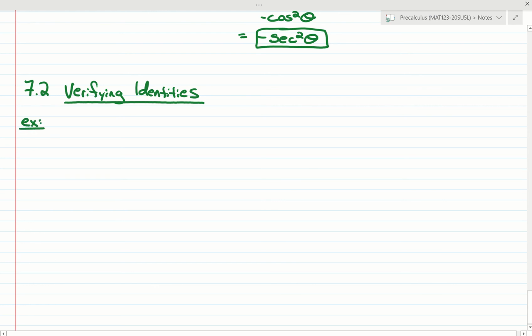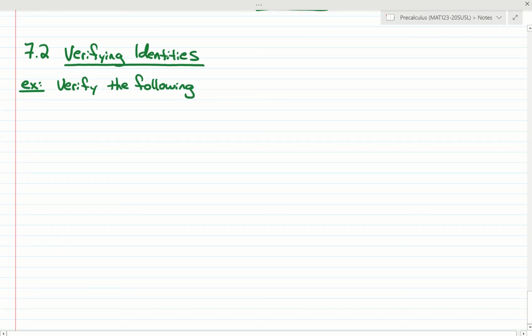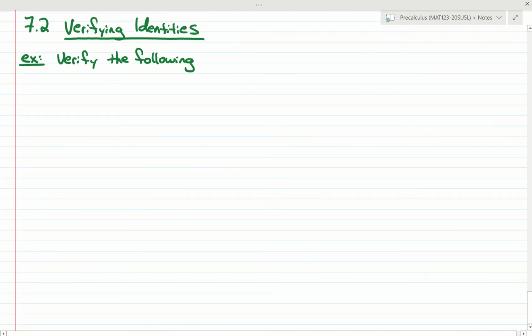The directions for these examples are going to be to verify the following. So we'll take a look at an example like this first. Let's say 1 minus secant of x times the cosecant of x times the tangent of x is equal to negative tangent squared of x.